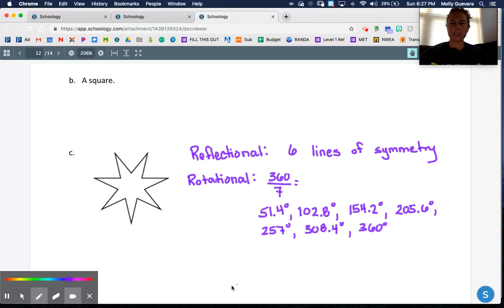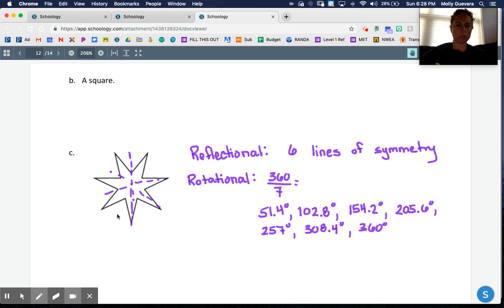All right, our last one here is the star. Hopefully we found that there were 6 lines of symmetry for this star, right? So if I just go through, and you can do it, 5, 6, right? So 6 lines of symmetry there for the star. And then the rotational symmetry was a little bit more difficult. I can rotate this 7 times before it lines back up on itself.